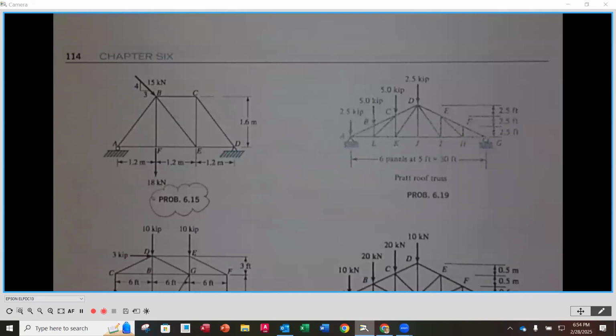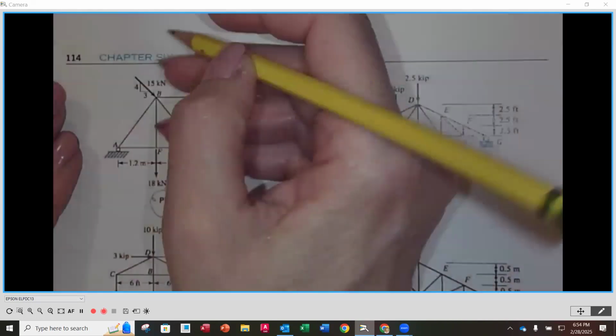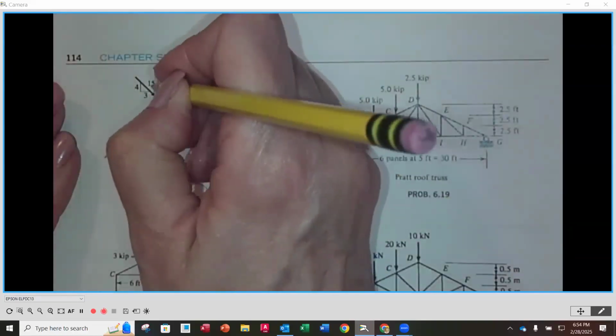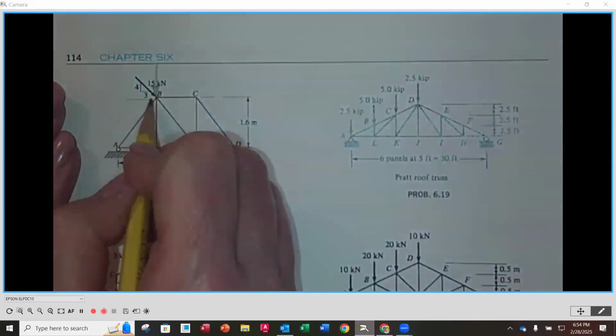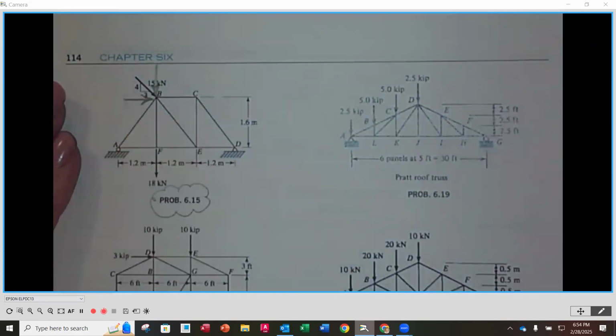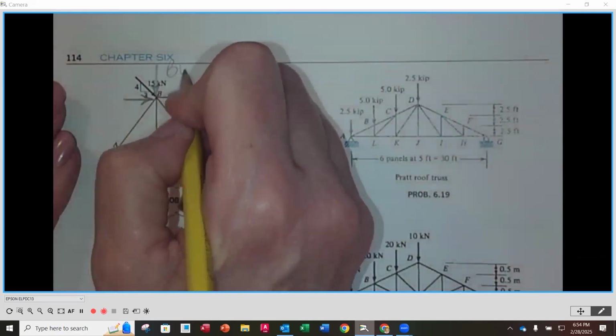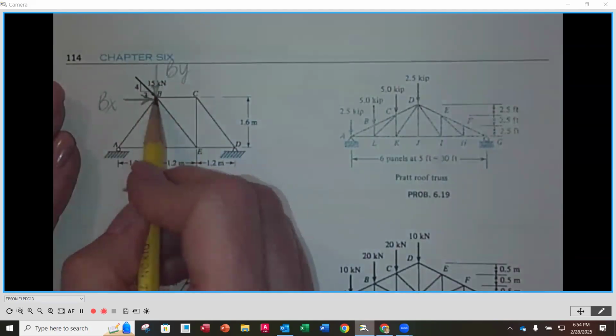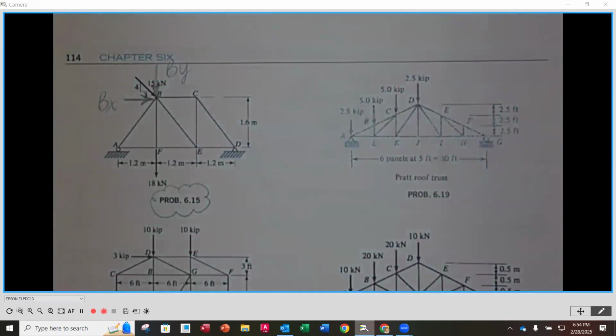MD Solids will not allow you to add a force in at an angle. So as preparation for this problem, you're going to need to find the X and the Y components at B. So I'm just going to call this BY and BX. Notice that the force is going down and to the right. So the Y has to go down and the X has to go to the right.